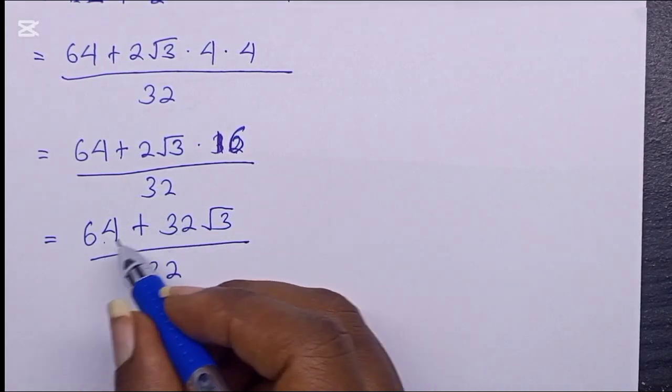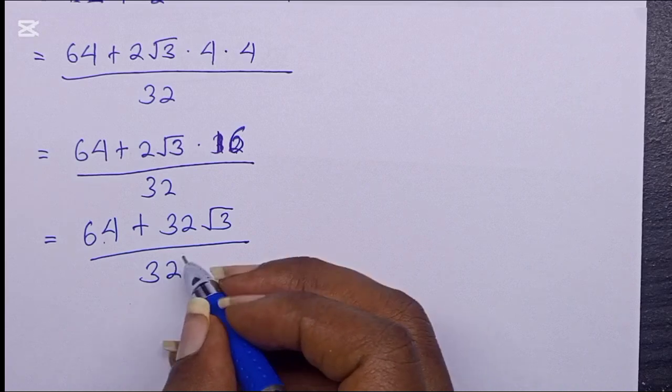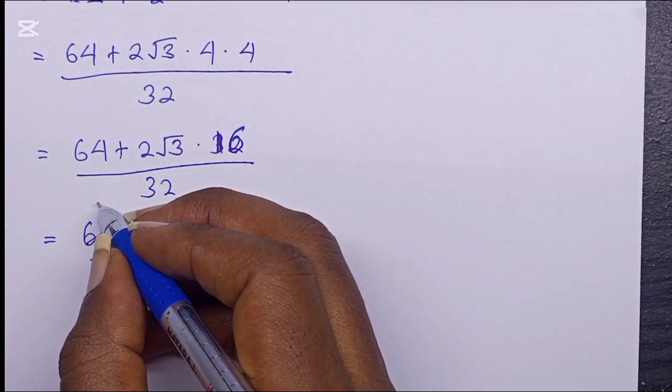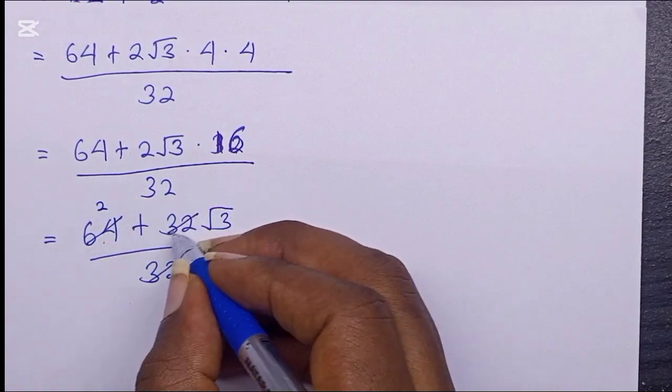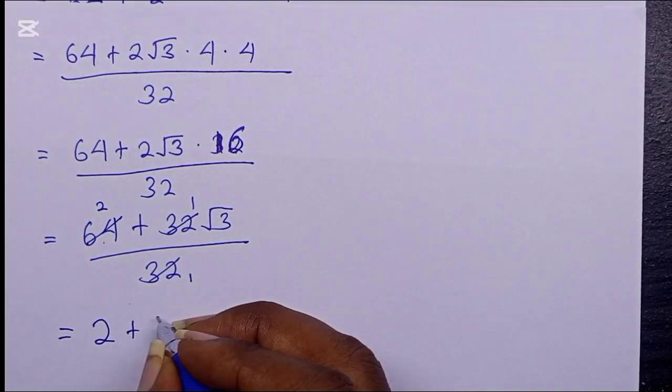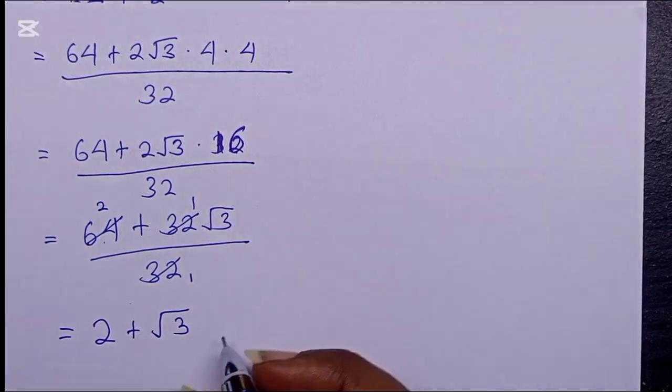As you can see, both 64 and 32 are divisible by 32. So here we have 2, and here 1. So we are left with 2 plus root 3.